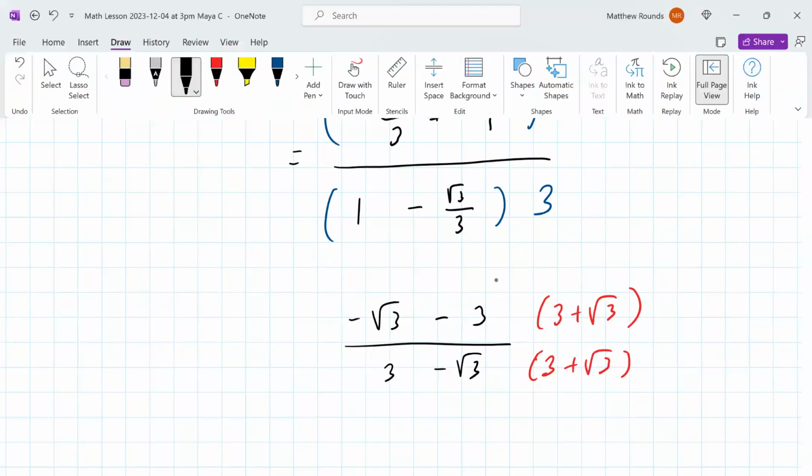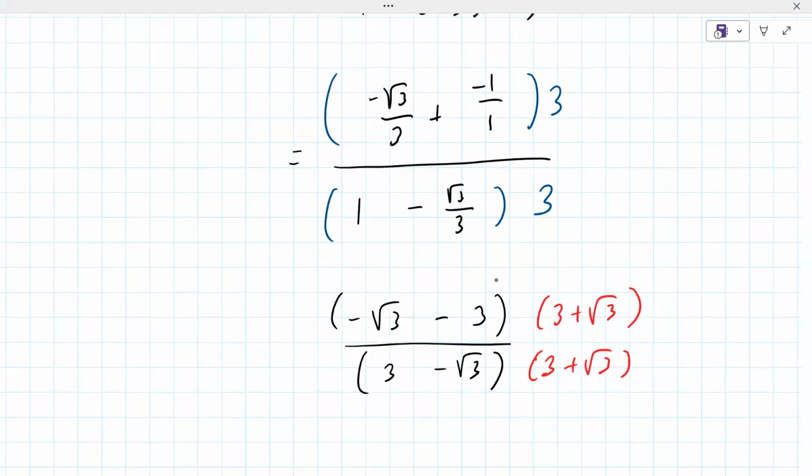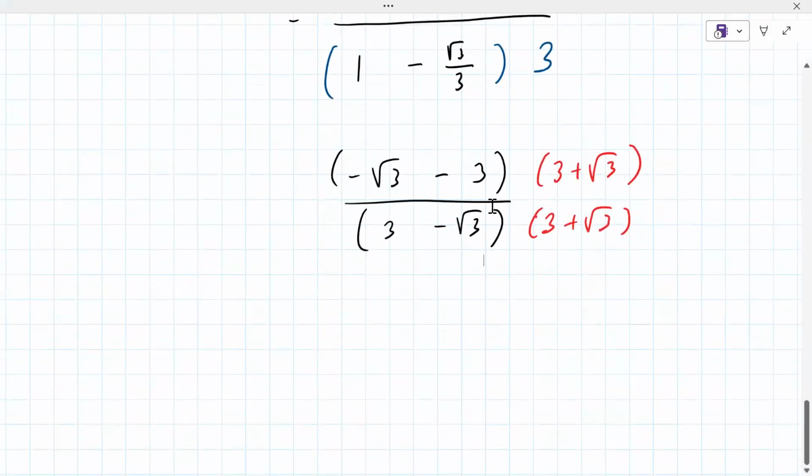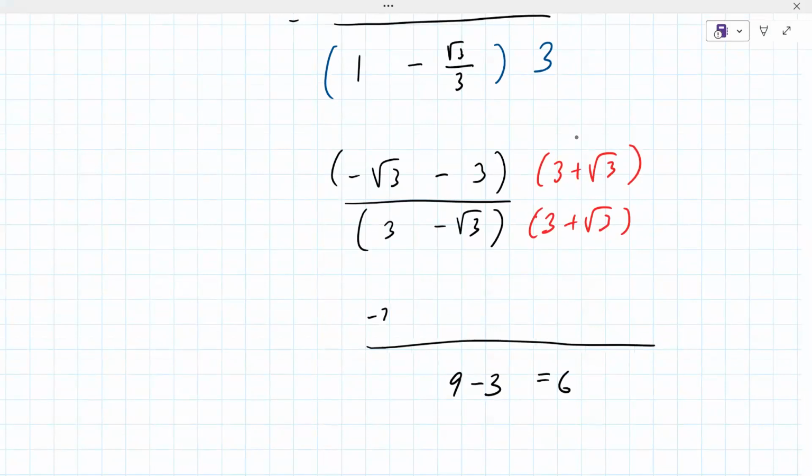I will be checking this on a calculator because I know you have to submit it for a grade, but these are the steps from here. The bottom's the nice one. It becomes 9 minus 3, which is 6. The top though is a little messier: minus 3 square root of 3, minus 3, minus 9, minus 3 square root of 3.